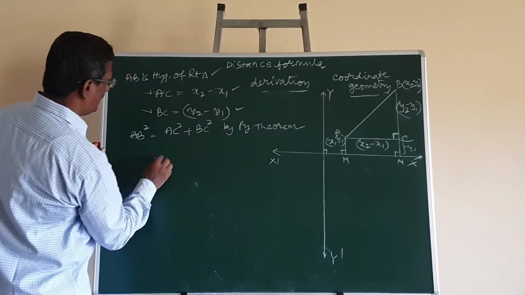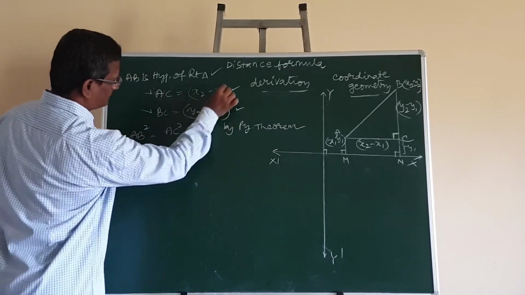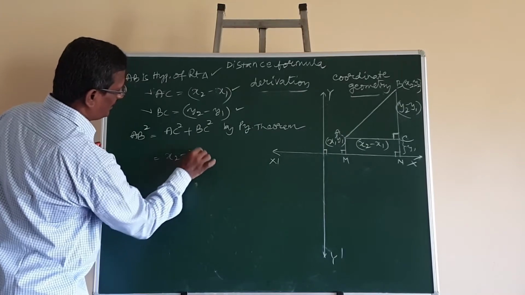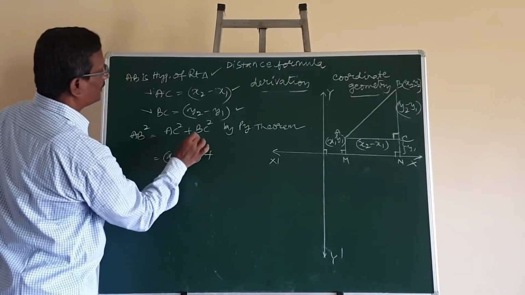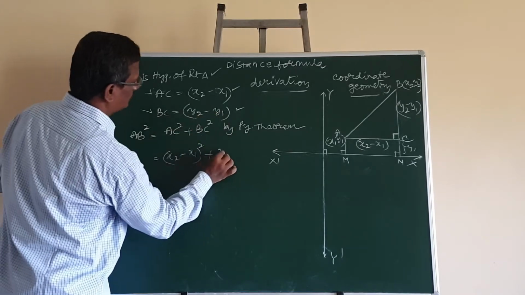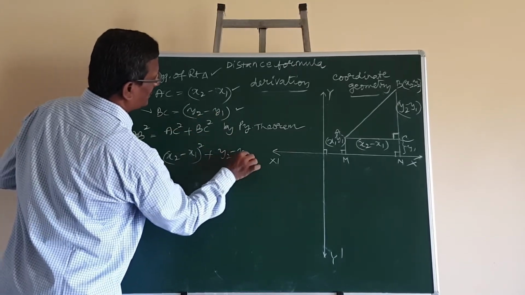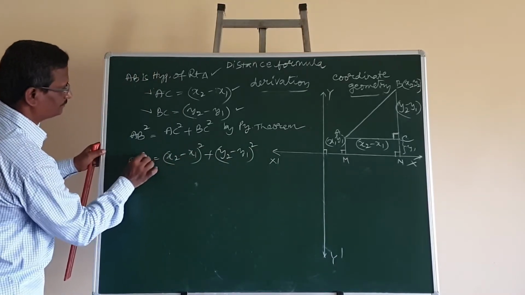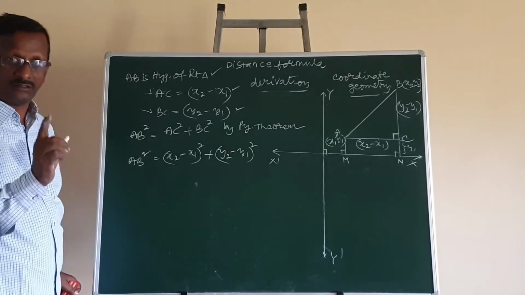We want this hypotenuse, so in this Pythagoras theorem, let us substitute the values of AC and BC. AC is equal to x2 minus x1 whole square and BC square is equal to y2 minus y1 whole square. This is exactly AB square. We want AB, not AB square.